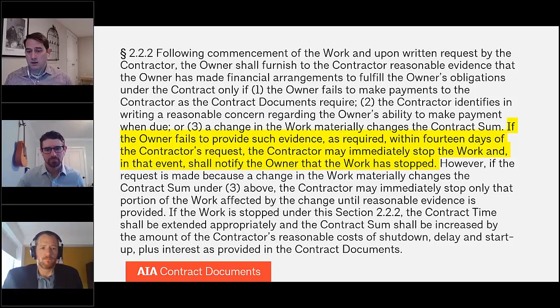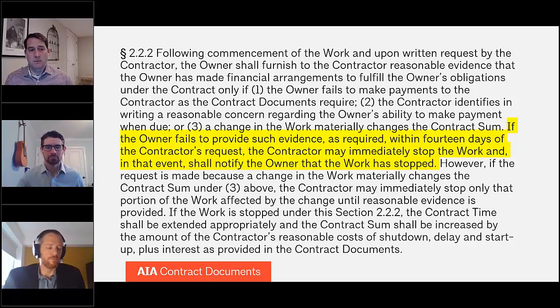So while that original non-payment, if it's remedied, then you get back into the same determination we were just talking about on whether or not there's been reasonable evidence provided such that the contractor would then return to work.